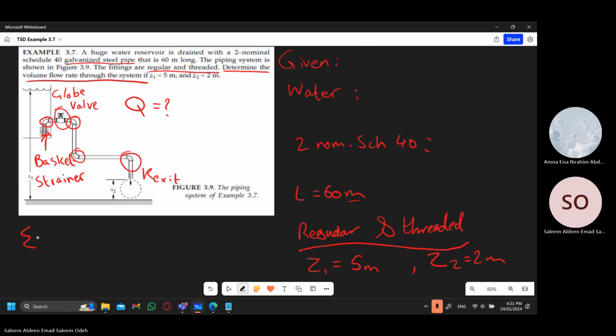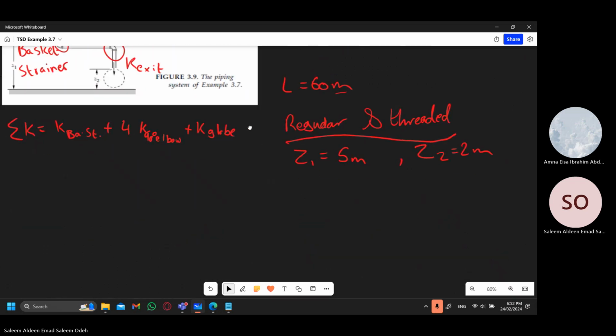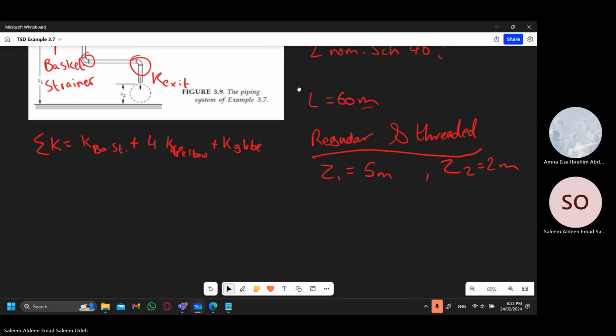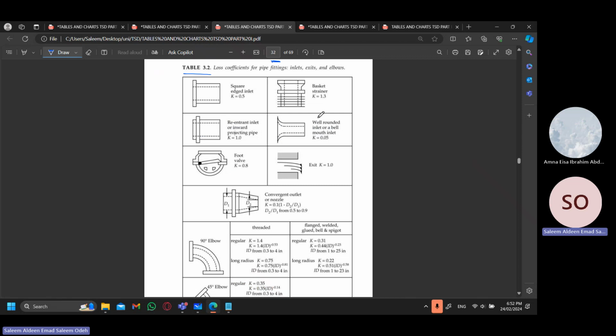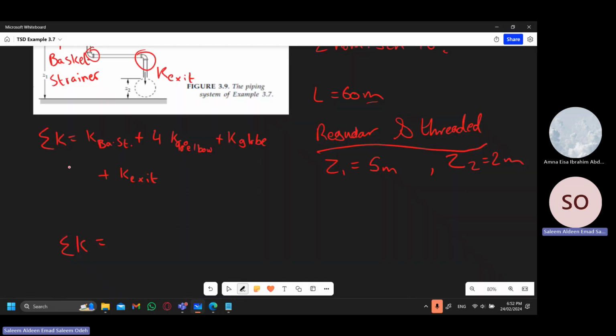So the summation of our K value will come down to the K value of the basket strainer, plus four 90-degree elbows, plus the K value for a globe valve, plus the K value for the exit. So now if we go to the table, we'll see that the K value for the basket strainer is 1.3.